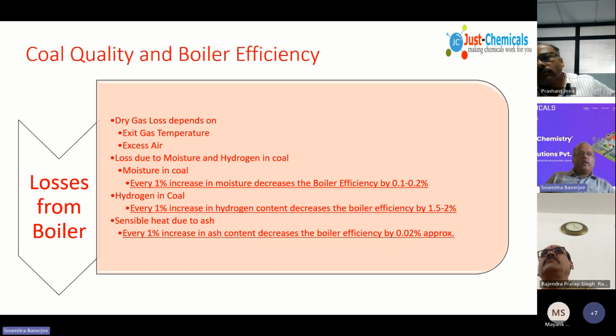But in fact, the kilocalories due to hydrogen are so high that the latent heat of evaporation does not really supersede that. If you can understand.